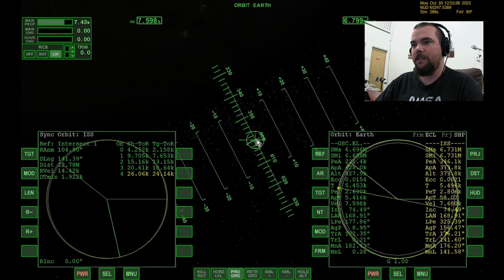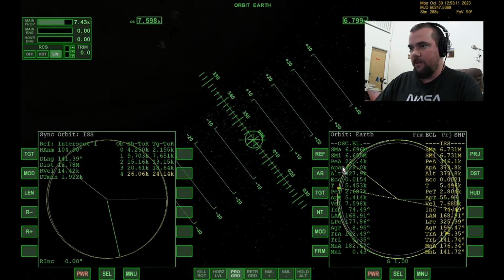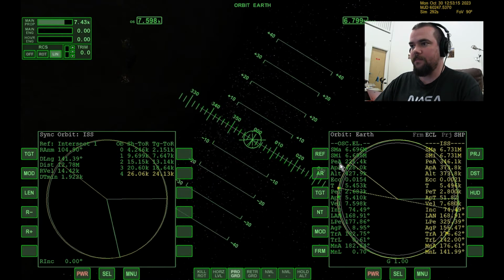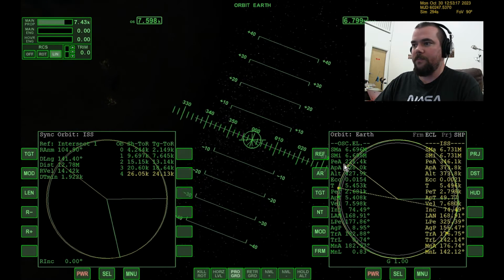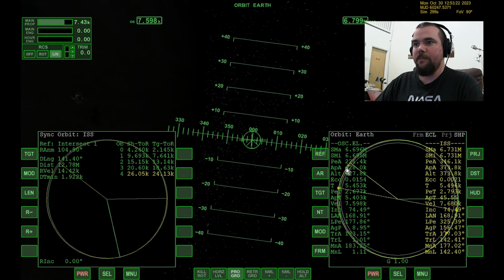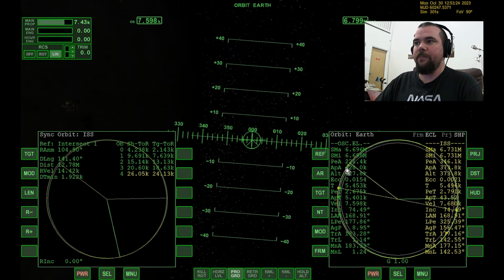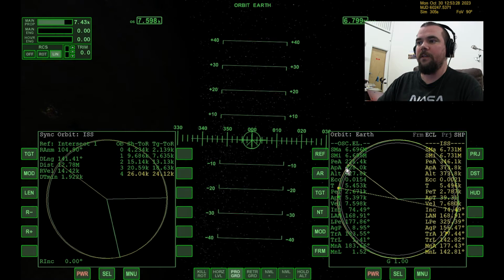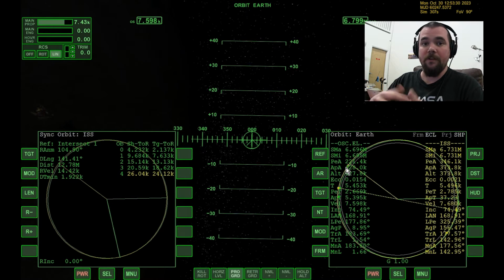Unfortunately, you can't see anything. What I'm going to do is keep my periapsis close to the ground and just increase my apoapsis. The effect is still that the orbit is going to be much, much larger, but the difference is I'll still be coming in a low orbit, and that gives me an opportunity to rendezvous with the space station.